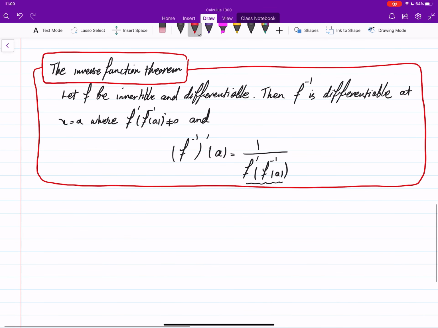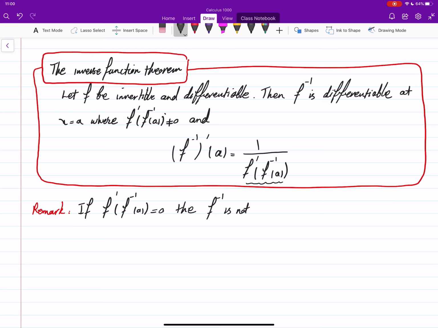Here I need to add two remarks. Remark 1: if f prime at f inverse of a is equal to 0, then f inverse is not differentiable at x equal to a.